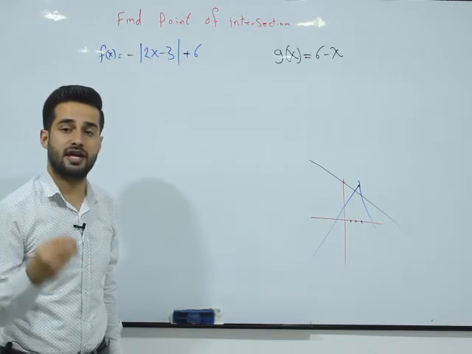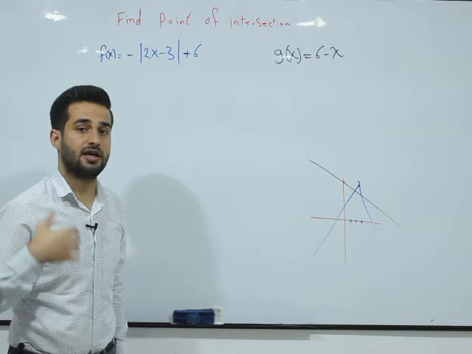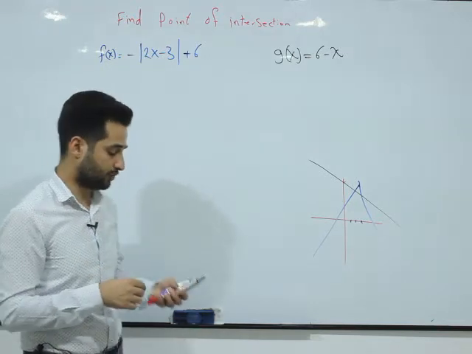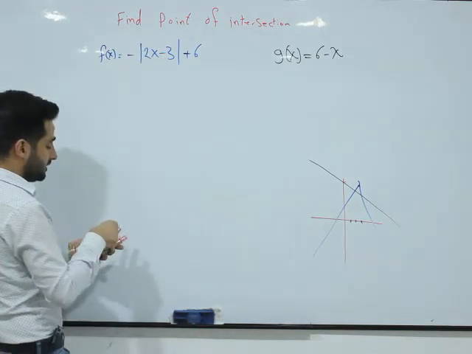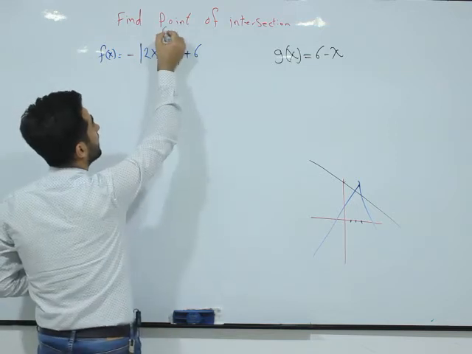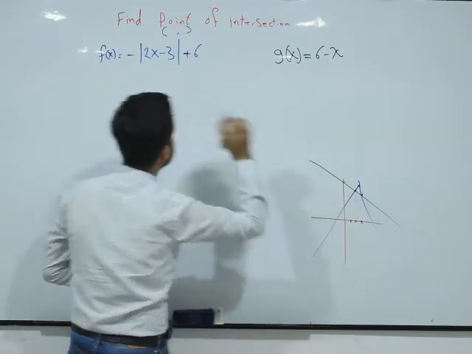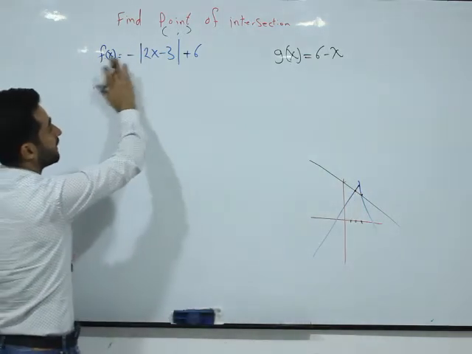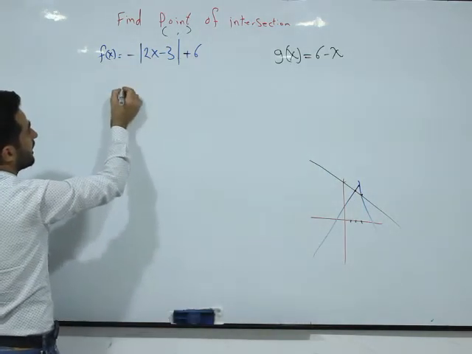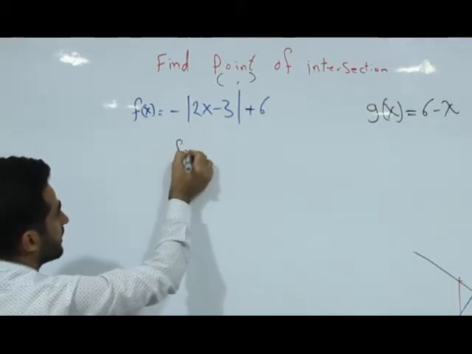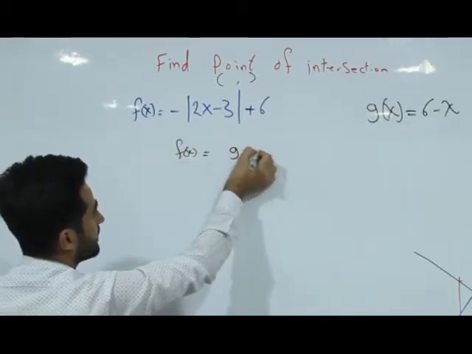Let's solve this. How can we find the points? How can we solve in an algebraic way? For a point, we have x and y. Okay, be careful, those 2 points, we have x and y. How can I find f of x equal to g of x? So we can say f of x is equal to g of x.